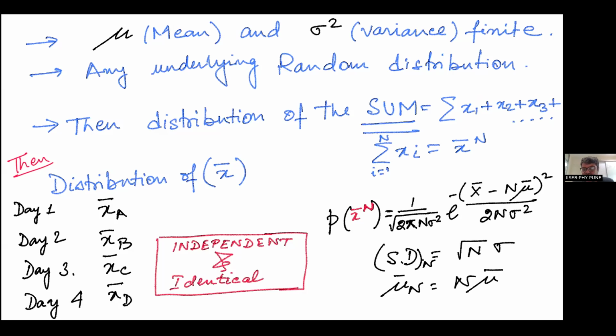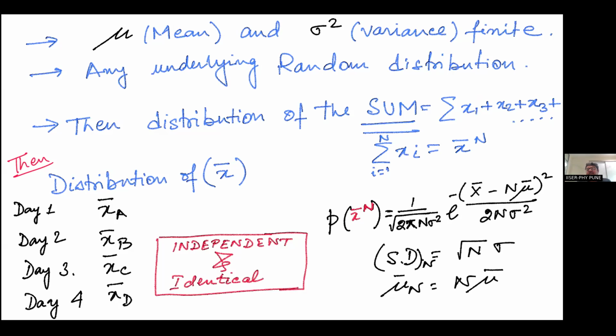connect it up later. So even if you have different size of steps, but the mean of the random number distribution is defined, then if you take n steps, or rather you add up n random numbers, the distribution of the mean will have this nature with standard deviation this, and the mean will be this, right?